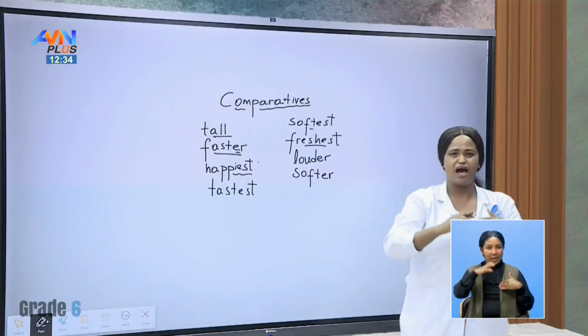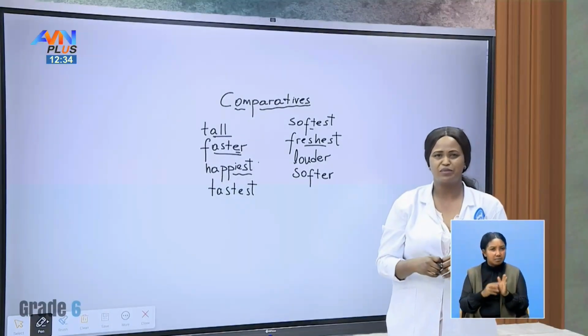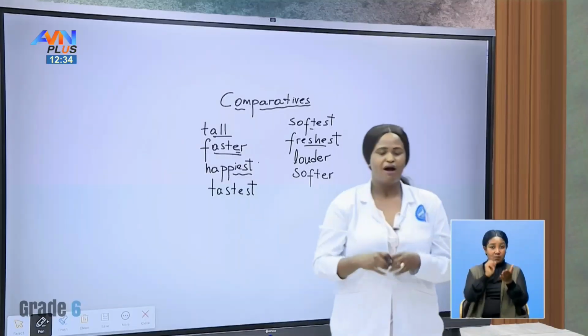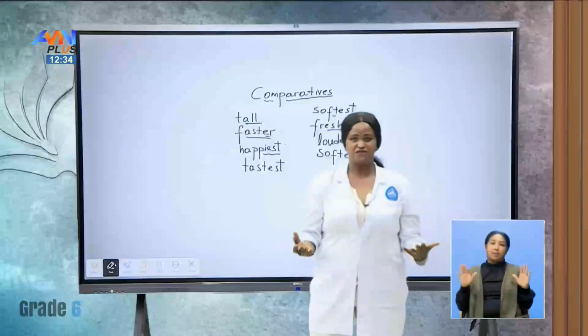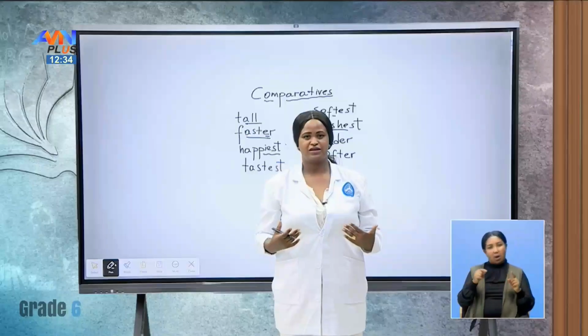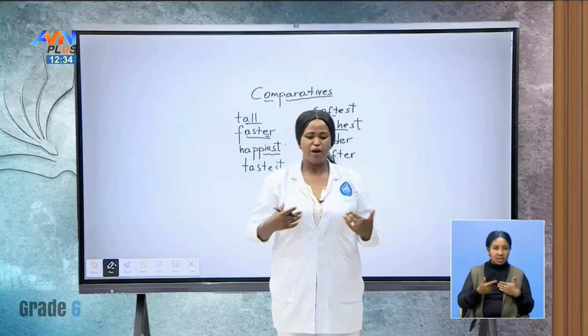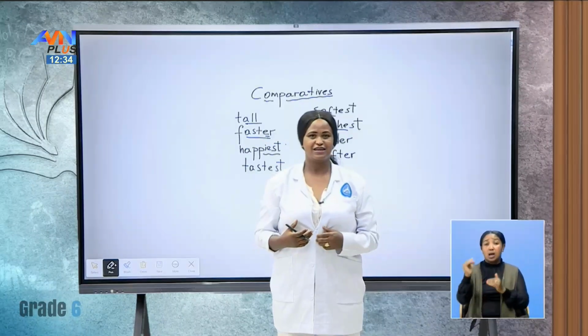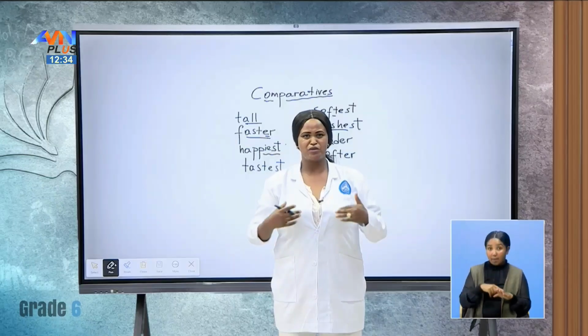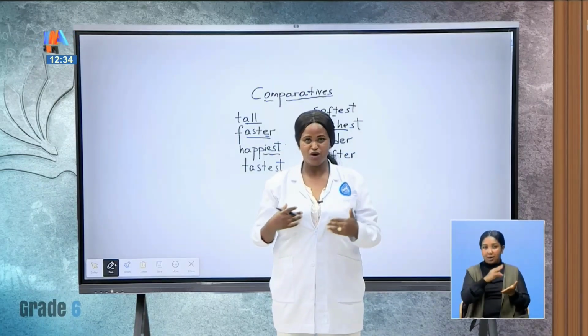How about when we say happiest? For example, I am happy. That's positive. Or I can say, I am happier than Lily. This time I am comparing myself with Lily.